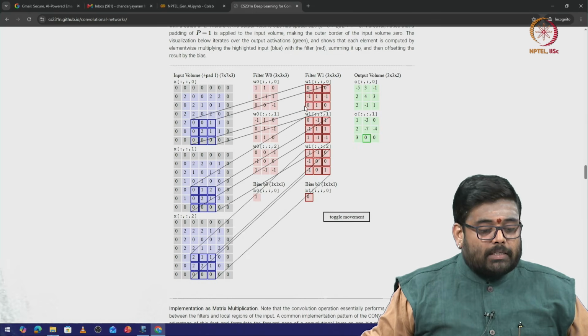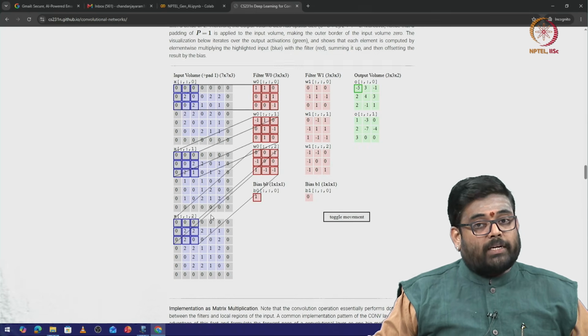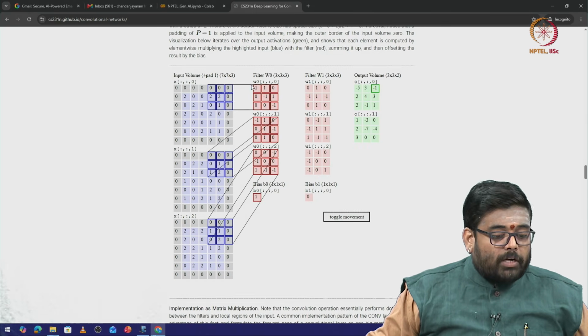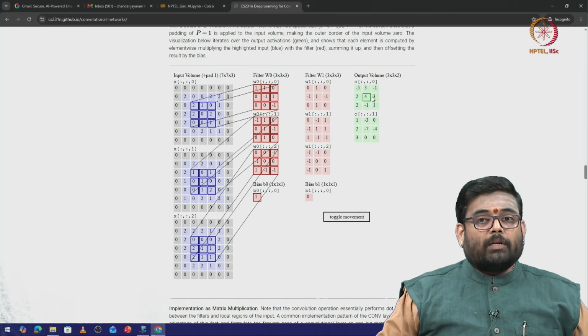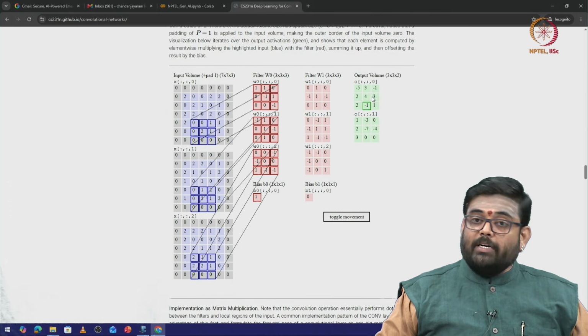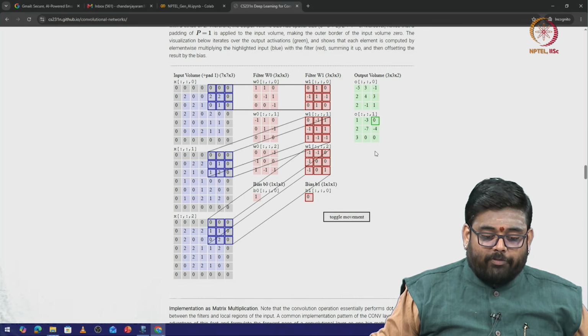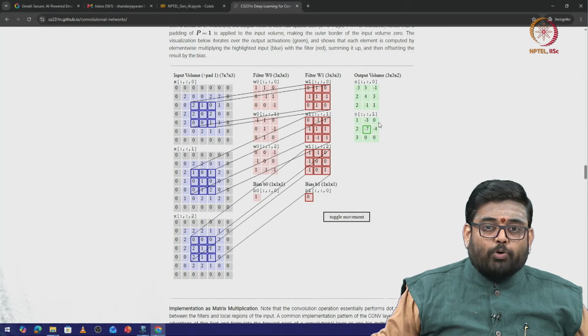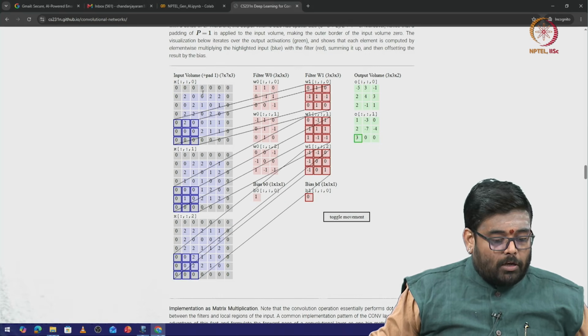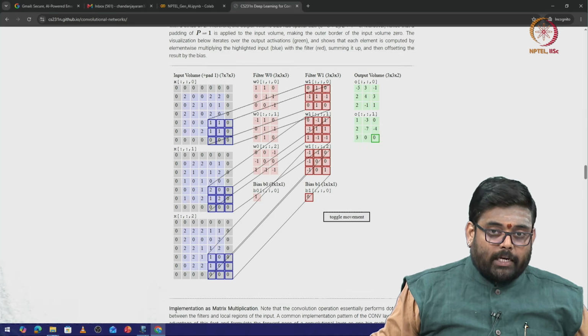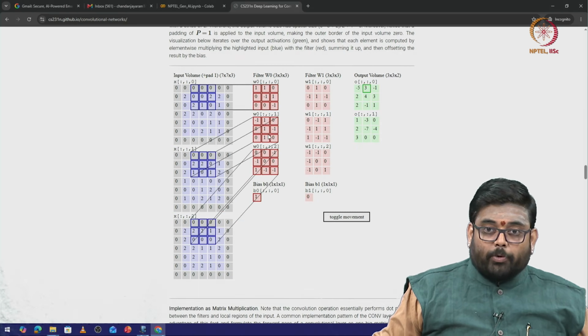The number of components depends on how many input channels there are. The number of channels in the output depends on how many filters there are. So you have 2 filters, therefore you have 2 channels in the output. You have 3 channels in the input, therefore each filter has 3 components.